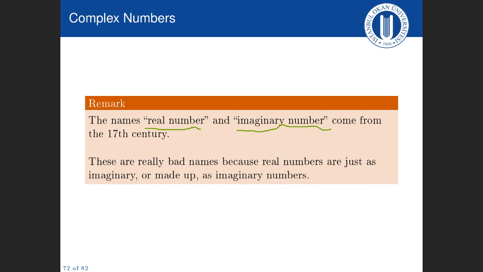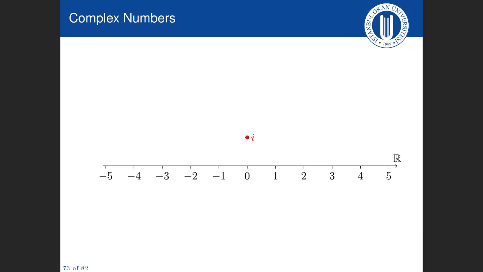So, how can we think of complex numbers? Well, real numbers we like to think of as a line, but i is not a real number, so i is not on the line. i is somehow away from the line. We can think of complex numbers as a two-dimensional plane. We have our real numbers along the horizontal axis, and we have the imaginary numbers along a vertical axis.